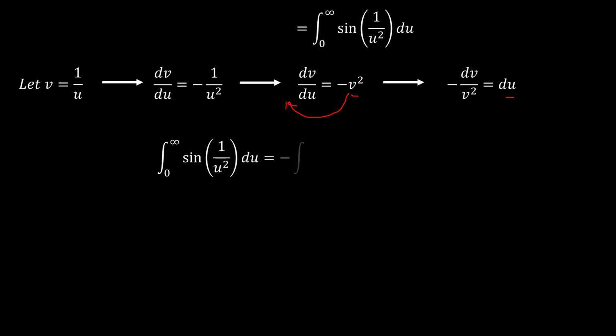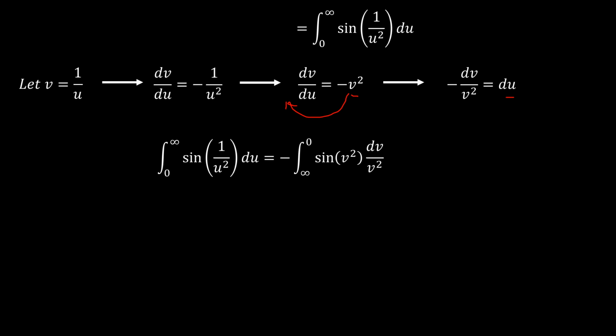Now, obviously when u equals 0, v tends to infinity, and when u tends to infinity, v equals 0.